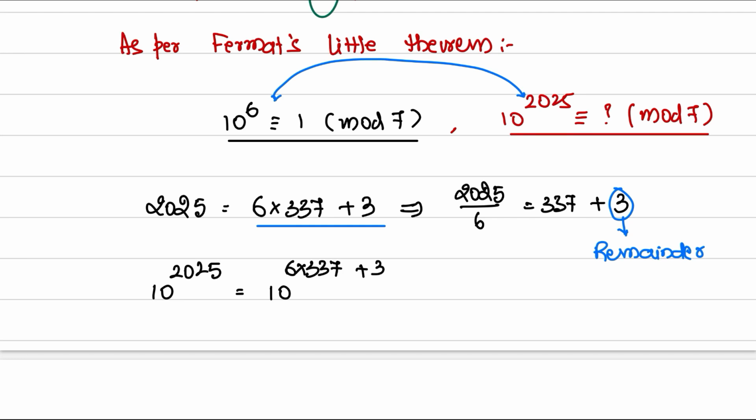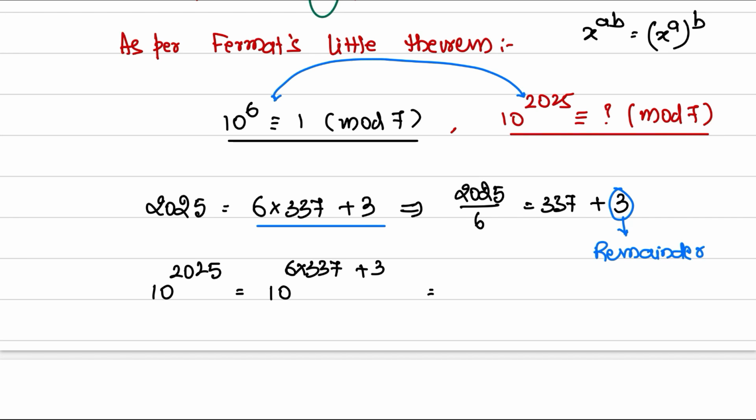Can I write like this? Yes, we can easily write. Then how will it be? When a number x to the power of a into b, that is nothing but x to the power of a, to the power of b.